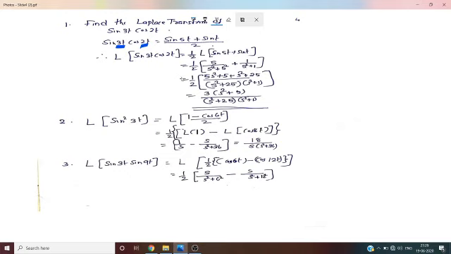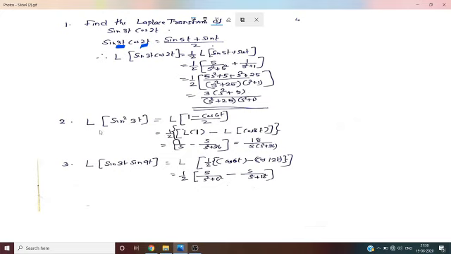Now simplifying, you will get 3 into s square plus 5 by s square plus 25 into s square plus 1. Taking LCM as s square plus 25 into s square plus 1 and solving, you will get this answer.